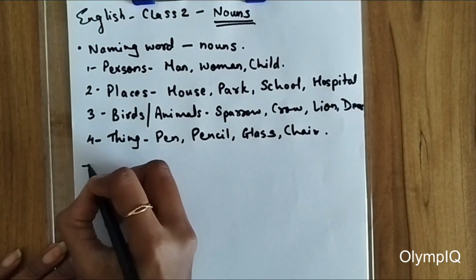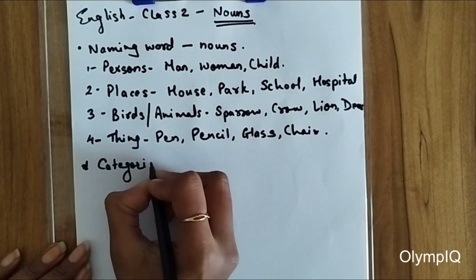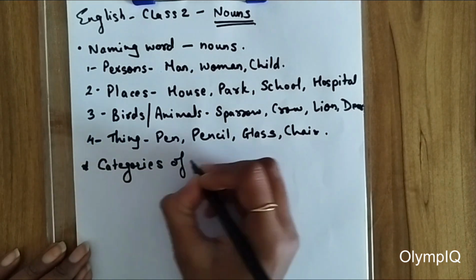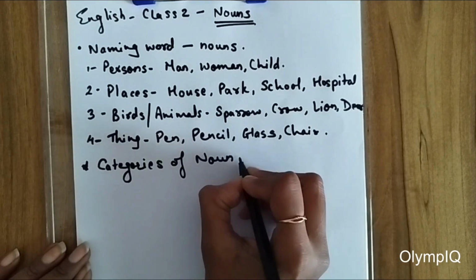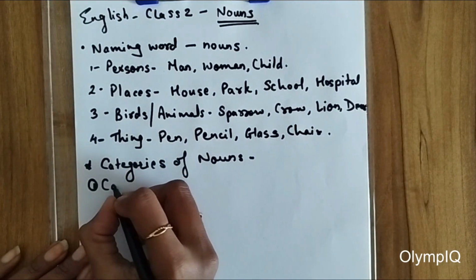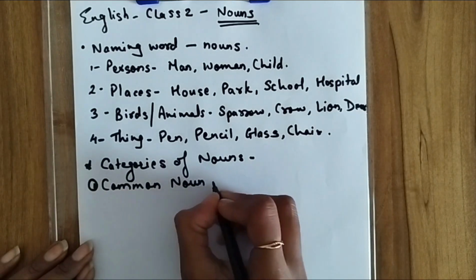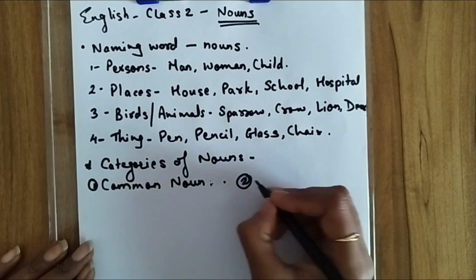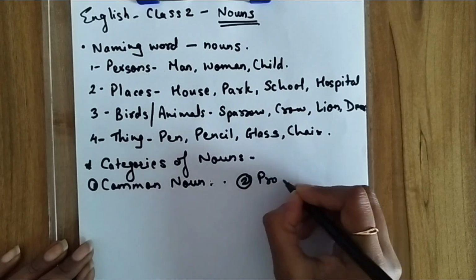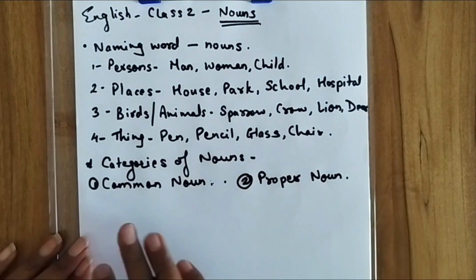Next is what are the categories for nouns. Okay, categories of nouns. So one would be common noun and second would be proper noun. So what do you have under common noun?